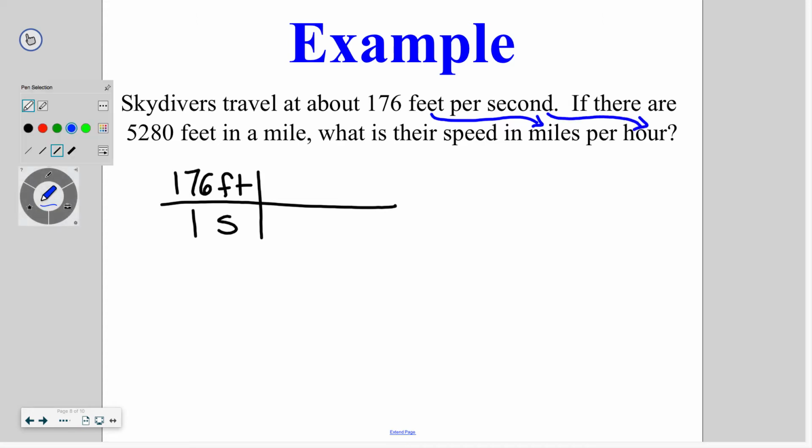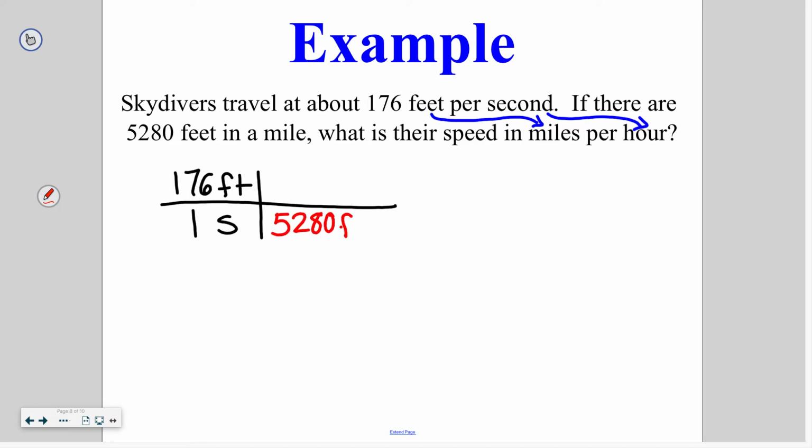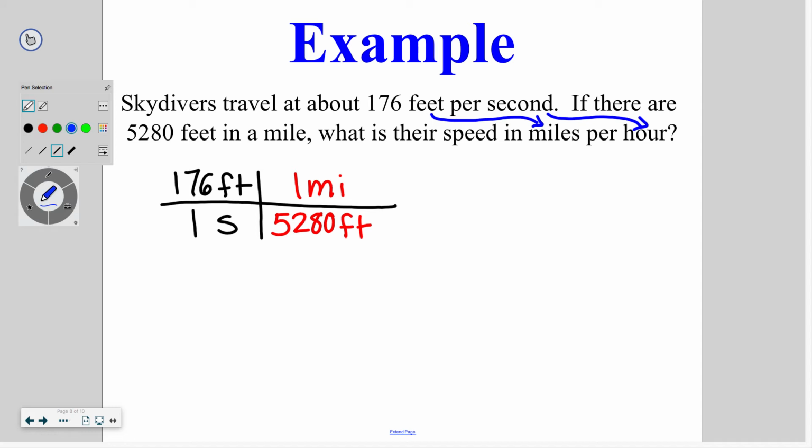You can read either here in the problem or on the top of that chart that 1 mile is equal to 5,280 feet. So I'm going to plug that in first and say 5,280 feet, and I'm going to get out 1 mile. So what I turned in and what I got out. Again, those units are going to go ahead and cancel out.